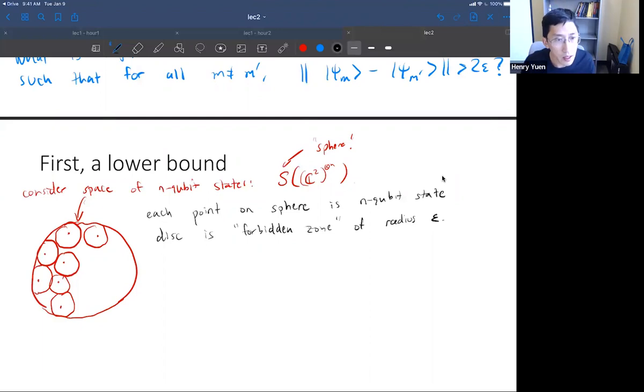There's a question. I think you said this, but it's an n-dimensional sphere, right? Oh, good. This is not an n-dimensional sphere. It's much, much bigger than that. The dimensionality of this space is 2 to the n, so each of these vectors is of length 2 to the n. It's the sphere of all length 2 to the n unit vectors.